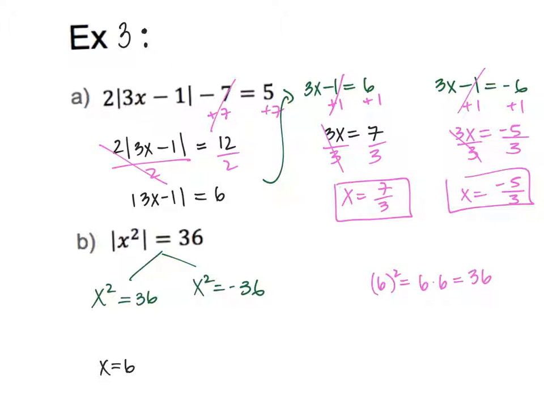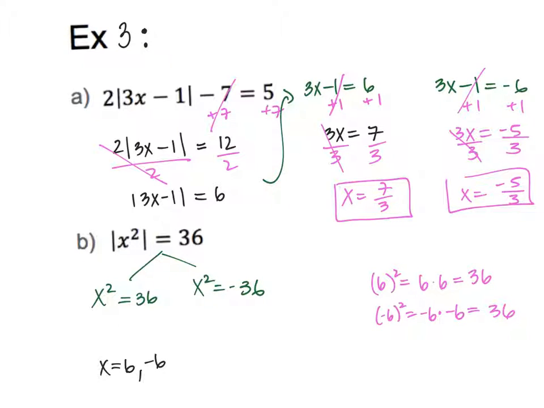But here's the thing. Isn't negative 6 squared, negative 6 times negative 6, also positive 36, right? Yeah, because two negatives multiplied each other will always become a positive number. So that means that negative 6 also works here.